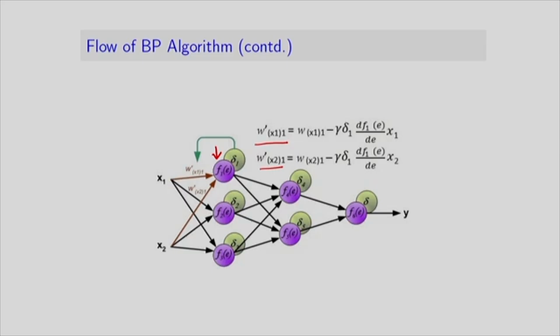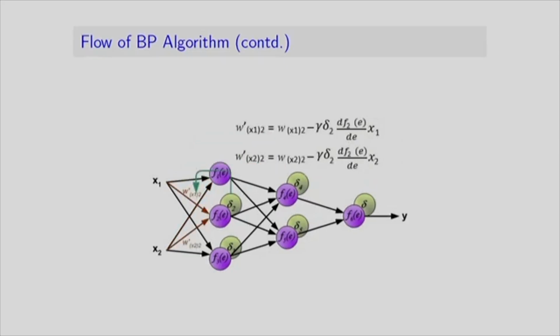By considering the weight updation rule, I am updating the connecting weights between the input node and the hidden nodes, so I am obtaining W dash X11 and W dash X21. Similarly, I am getting the values W dash X12 and W dash X22. So all these connecting weights I am determining by this weight updation rule, that is the weight updation rule for the back propagation training.